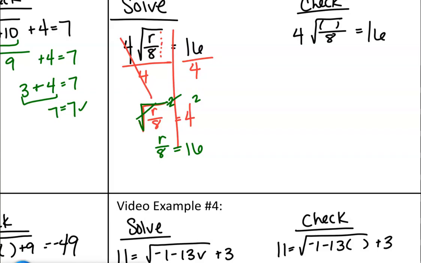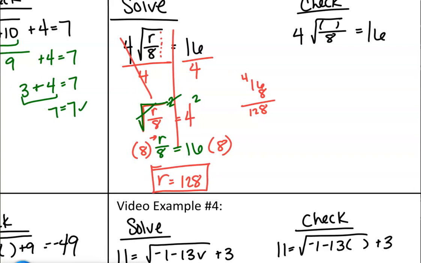Our final step would be to isolate r, get r by itself. So right now r is being divided by 8, so the opposite would be multiply. And 16 times 8, 8 times 6 is 48. 8 times 1 is 8, plus 4, 8, 9, 10, 11, 12, 128.